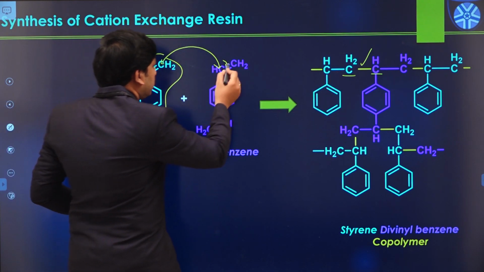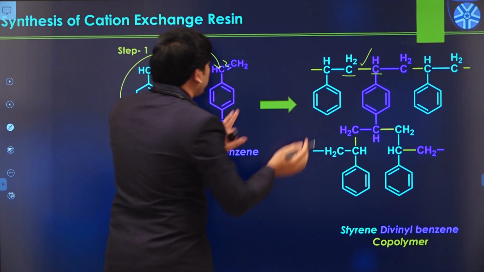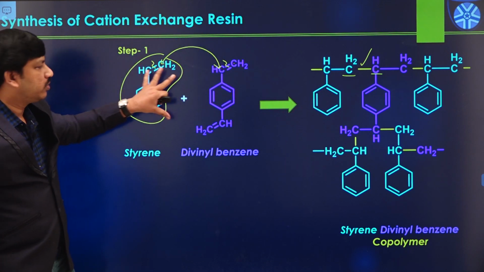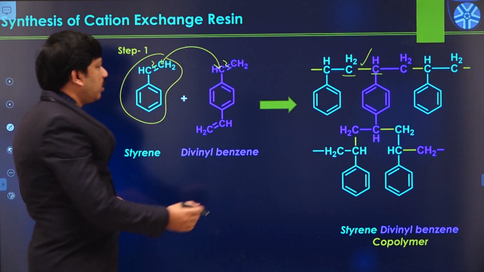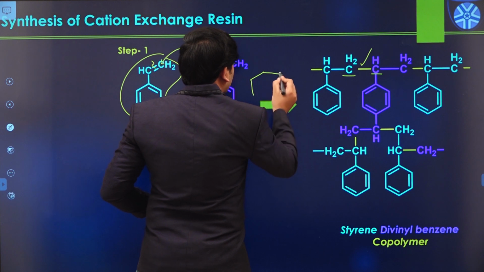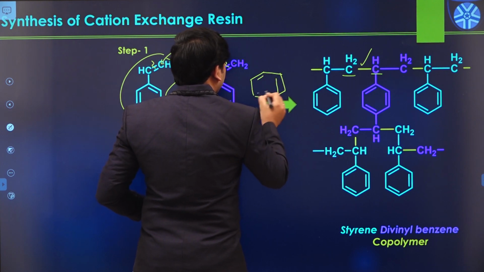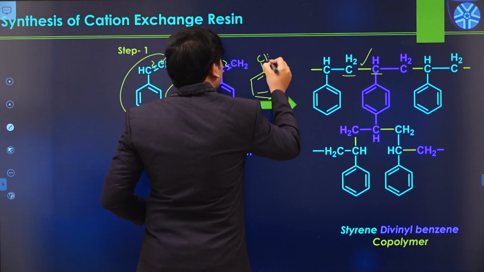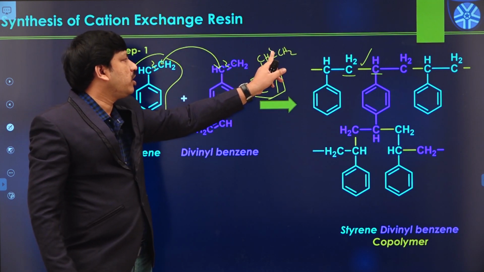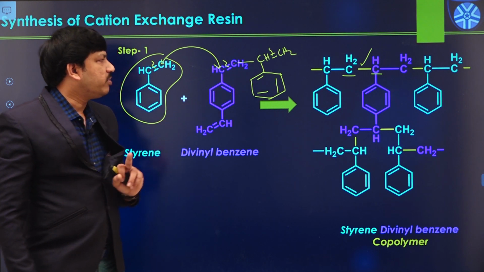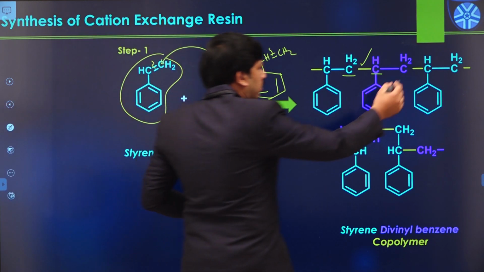And again this CH2 group is connected to another styrene molecule. The second CH2 group is connected to another styrene molecule like this. Again this bond is cleaved and a new bond forms between them. This is another styrene unit.